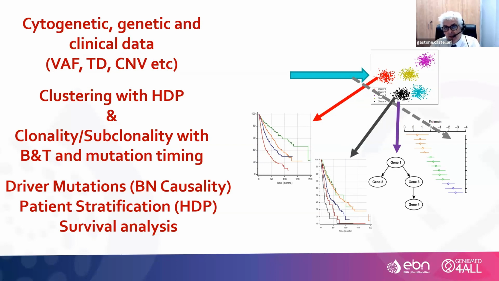So this pipeline, which can also be implemented in a federated way, is clustering. Clustering means to stratify patients, to identify these clusters. After this stratification, we assign patients to each cluster of mutation and cytogenetic alteration. After this step, we can compute, for example, some clinical outcome.